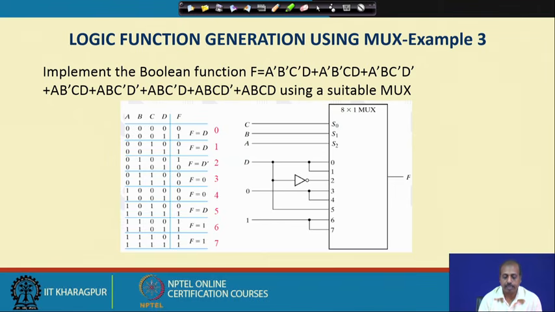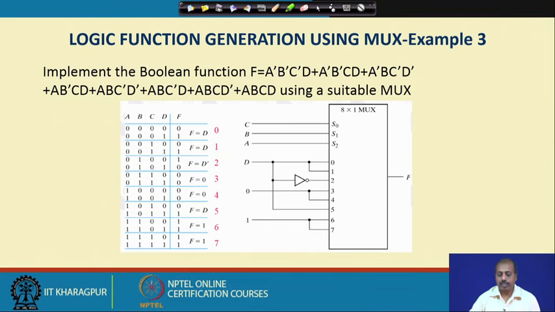We apply A B C to the select lines of the 8:1 multiplexer, and then divide the truth table into regions of similar values of A B C. The first part has A B C values 0 0 0 and the second part 0 0 1, like that. For the corresponding function f, in the first part f equal to d, in the second part also f equal to d, in the third part f equal to d dash, then f equal to 0, and it goes like this.